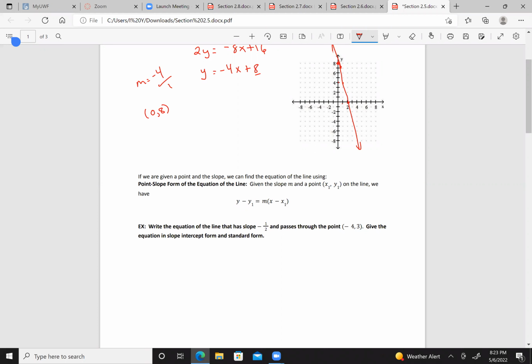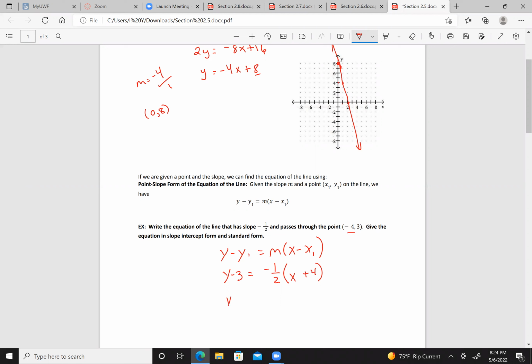So first we're going to use slope-intercept form. So we're going to use this point-slope formula of a line, and I'll go ahead and copy it down. So I have my point, my y1 is 3. I have y minus 3 equals, my slope is negative 1/2, times x minus negative 4.